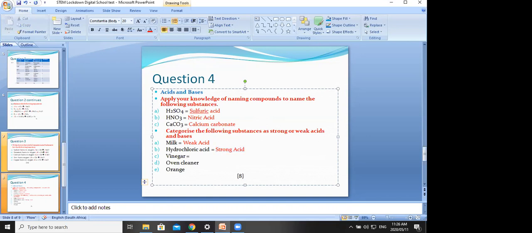Vinegar, is it a strong acid or weak acid? It is a weak acid. Oven cleaner, is it a strong base or a weak base? It is a strong base.